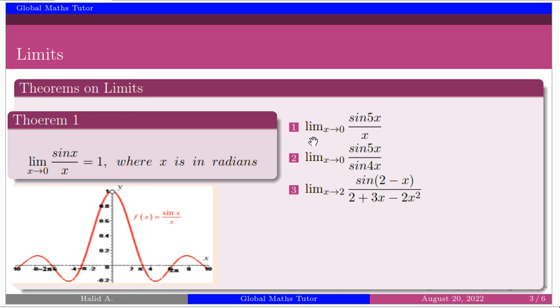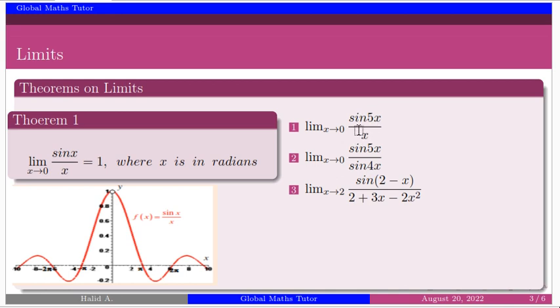The first one, from this theorem, it is sin 5x instead of x. So if we do both the numerator and the denominator 5 over 5, then the numerator could be 5 if we multiply both numerator and denominator by 5.